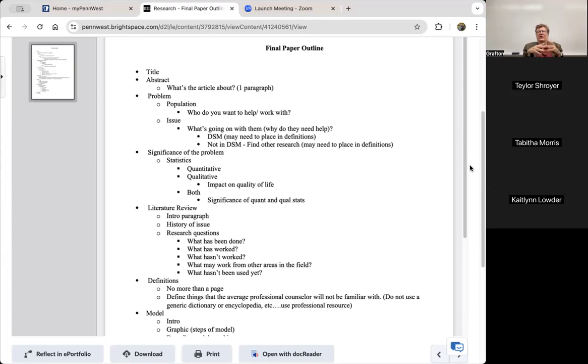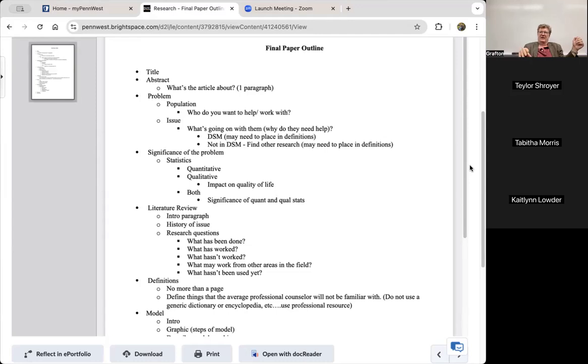So, we're going to be looking at a lot of this as a group process. We're going to be giving each other ideas as we move through this project. But I think it's good that the majority of the writing is done around halfway through this class, because then you'll have time to edit, add sections, what's missing, fine-tune things.